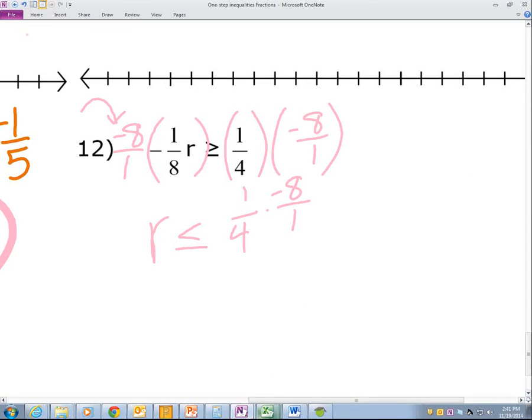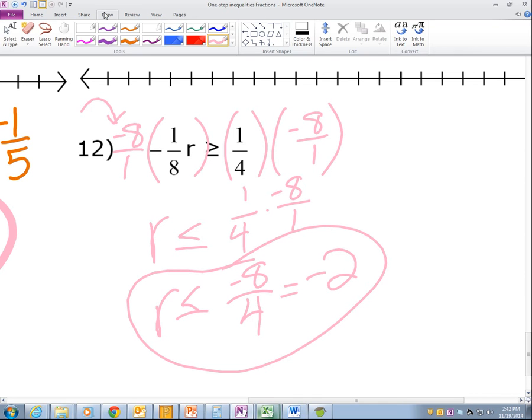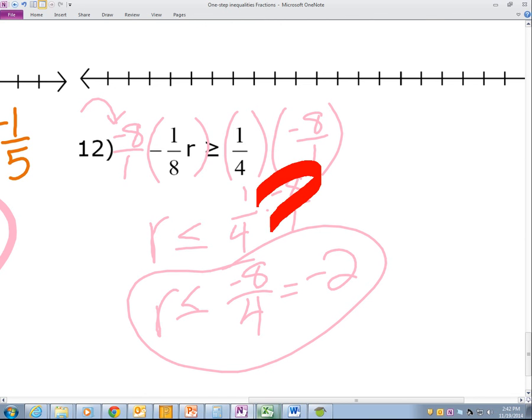All right, back to present day. We know how to multiply these fractions together. R is less than or equal to negative 8 over 4, which is equal to negative 2. Watch what happens when you cross simplify.